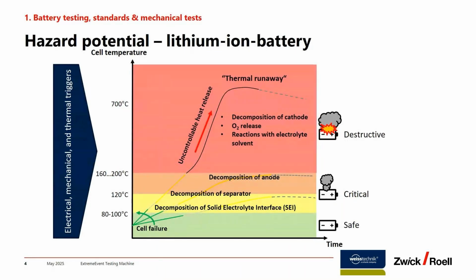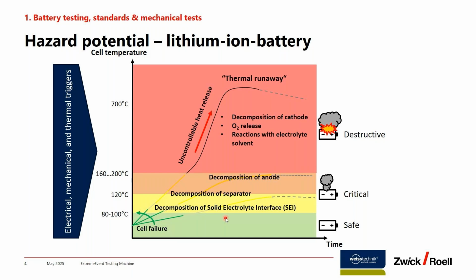As you can see, there are different potentials for what can happen with batteries. If we are working in a normal range of 80 to 100 degrees, nothing happens. But if some failure occurs in the battery, depending on which kind of stress we give to the battery, it starts to decompose. By 120 degrees, we can get to a critical status. There it begins some outgassing or leakage of batteries.